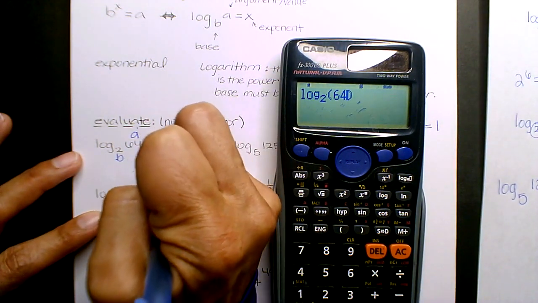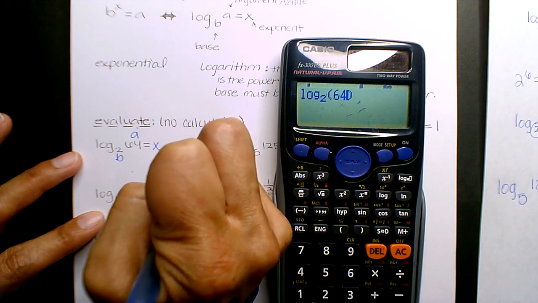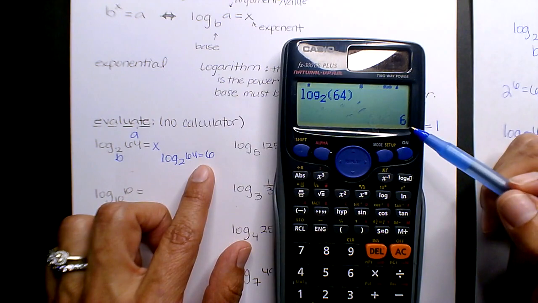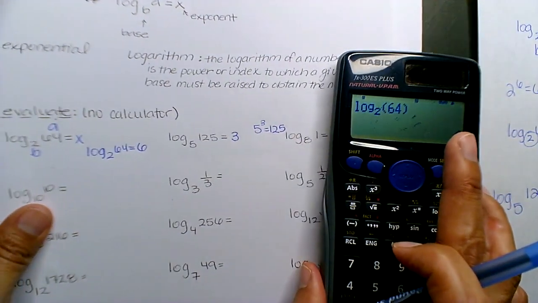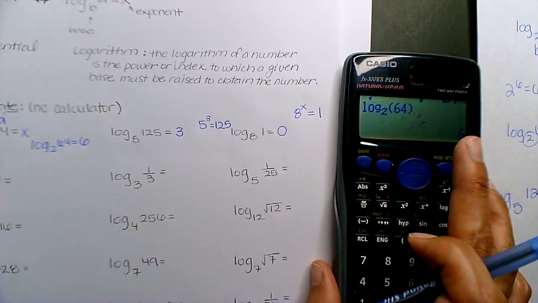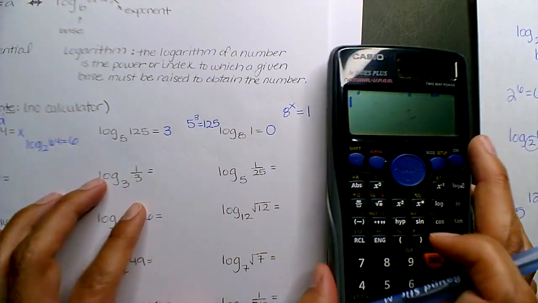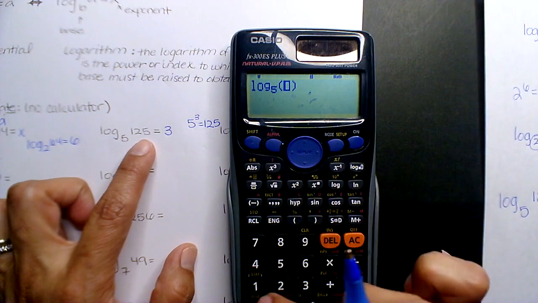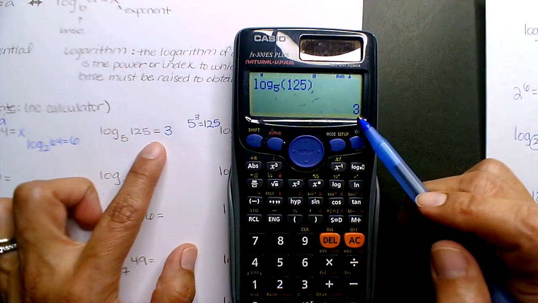So the calculator will solve it for you, but you should also know what you're doing. Log base 5 of 125, there's our 3.